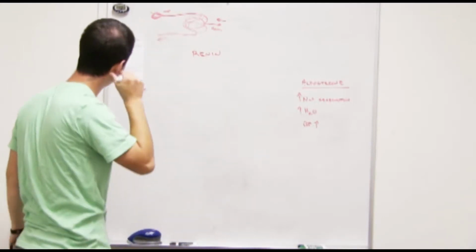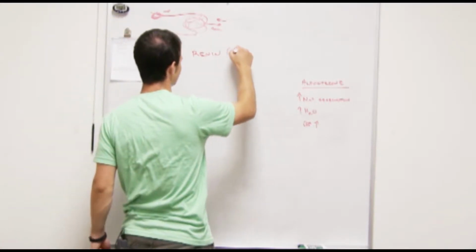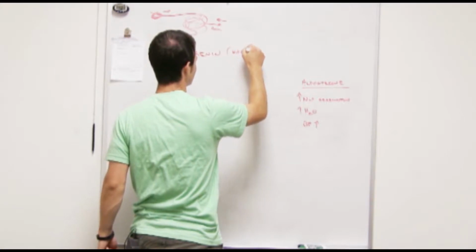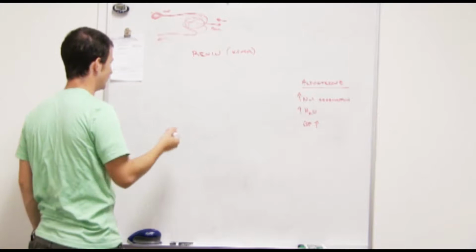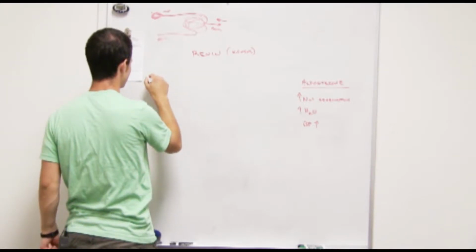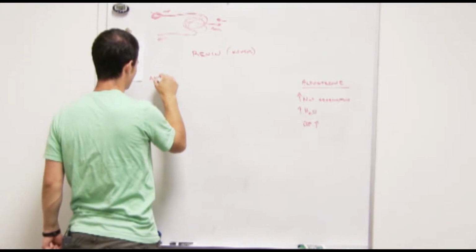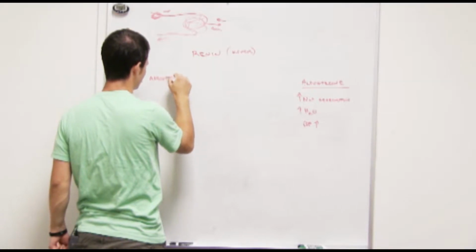Renin is coming from the kidneys. Then our liver, meanwhile, is producing something called angiotensinogen.